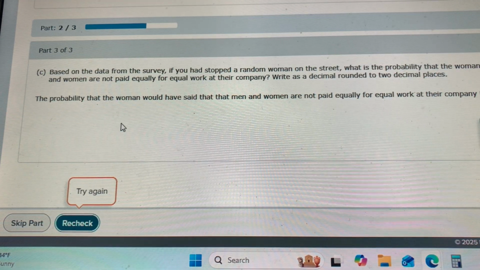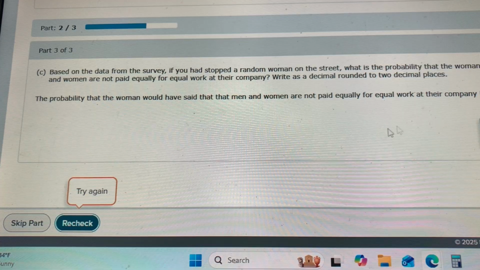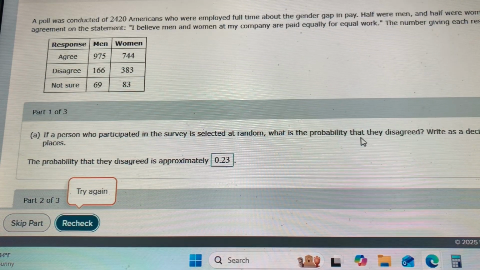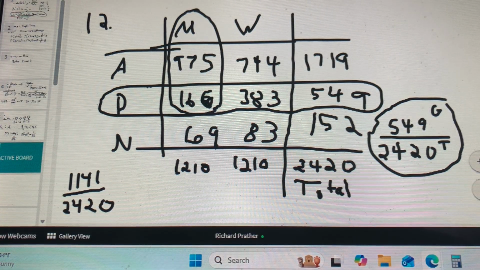Oh no, okay, so I'm doing something wrong. The probability of women said that the men and women are not paid equally. So maybe it does include the ones that aren't sure, because it's the opposite of this statement. Let's try that. So what if it's more than just the disagrees? What if it's the disagrees and the no opinion people?